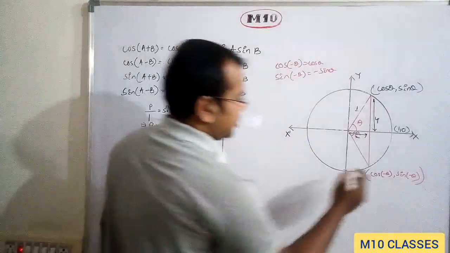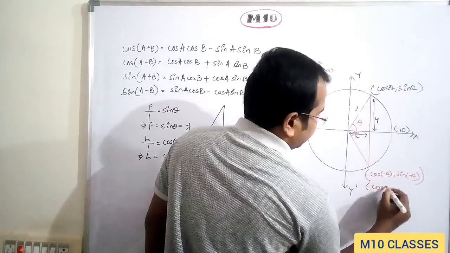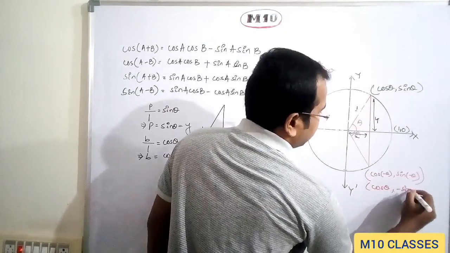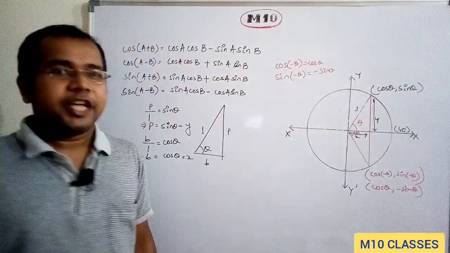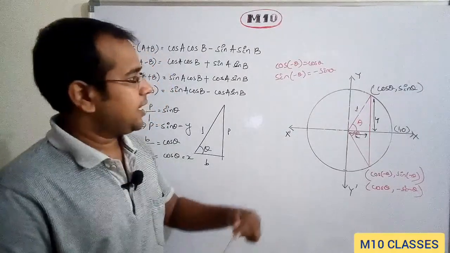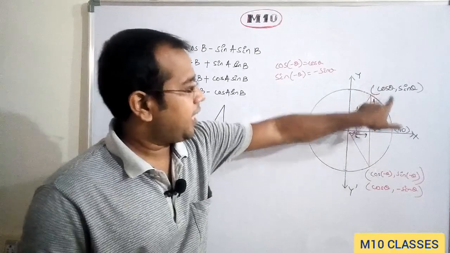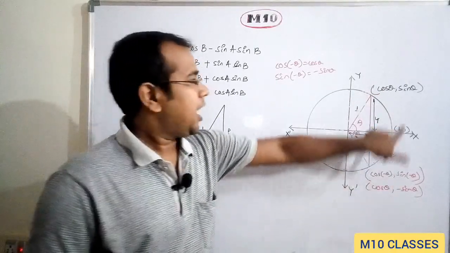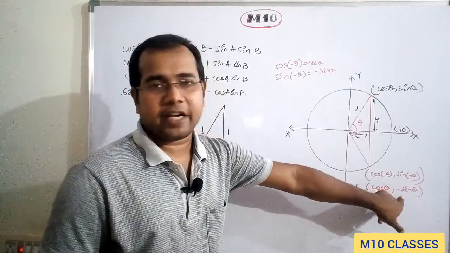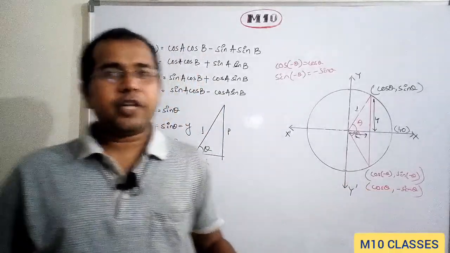So that will give you this coordinate will be cos theta and minus sin theta. If you remember the Cartesian plane, on the same line on the vertical plane, the x will remain same and the y will change, that will be negative. So this is about unit circle.